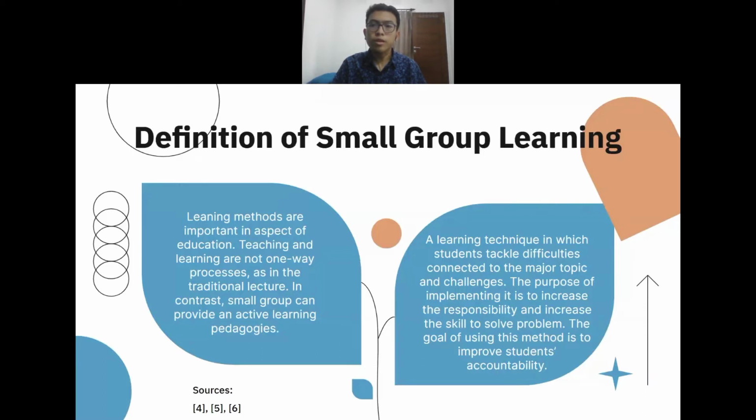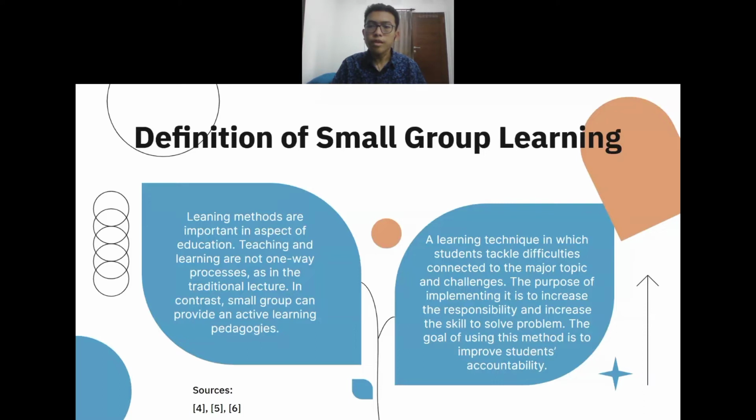The small group discussion model can be summarized from many sources as learning that stresses student learning activeness through small group learning discussion. The purpose of implementing it is to increase responsibility and learning skills to solve problems related to the main problem. Another opinion of the purpose of this method is to increase the responsibility of students for what they learn in a fun and not scary way.